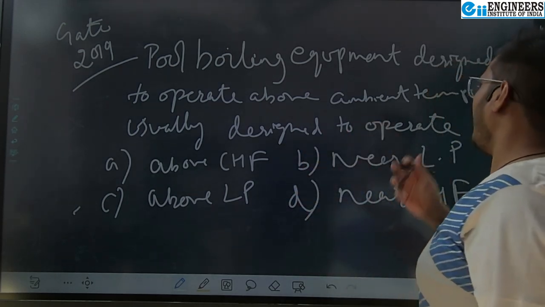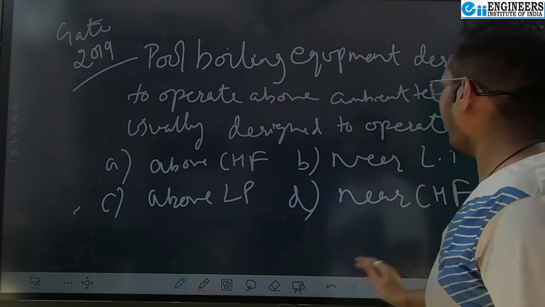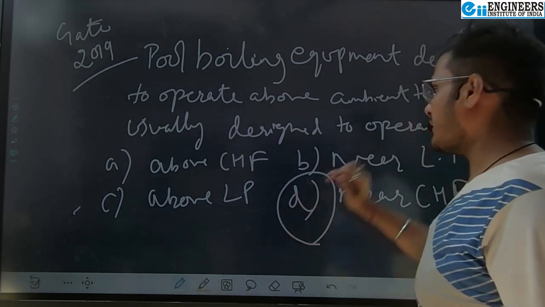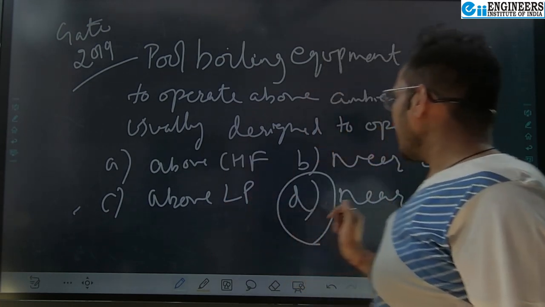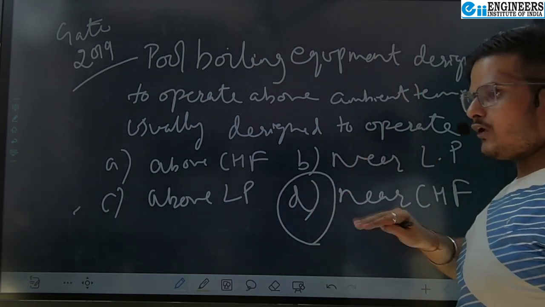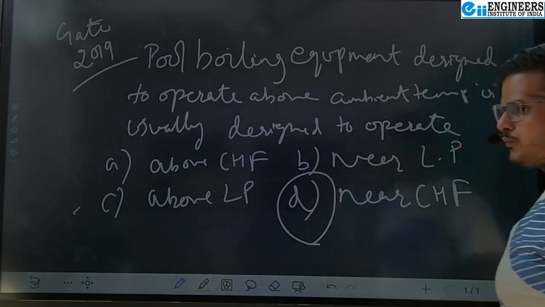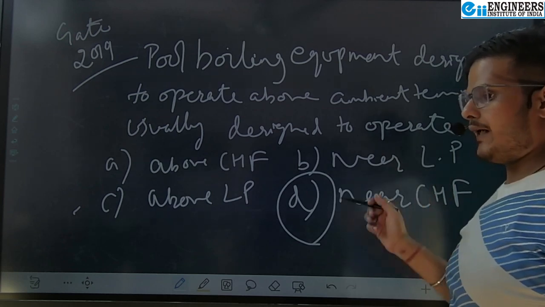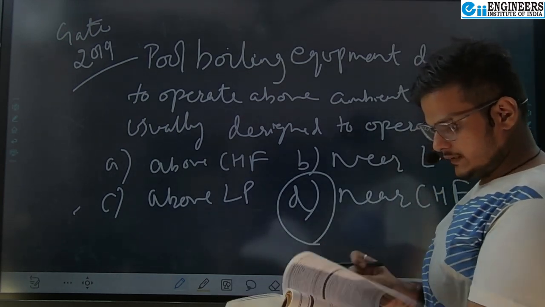So pool boiling equipment is usually designed to operate near CHF, because no system can work beyond CHF, and the Leidenfrost point is the lowest point, having the lowest heat flux magnitude, so nothing will be operating near the Leidenfrost point. So it will be operating near the critical heat flux point.